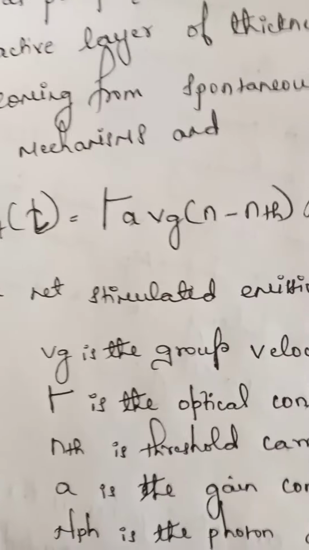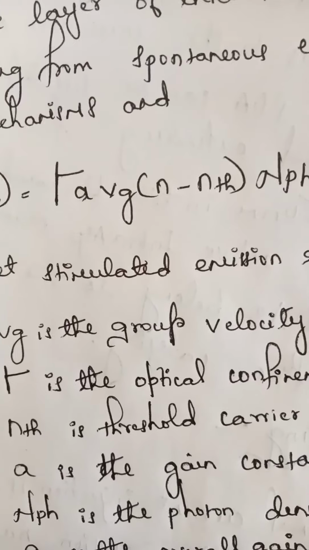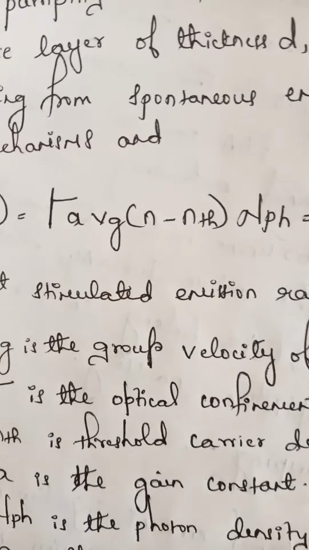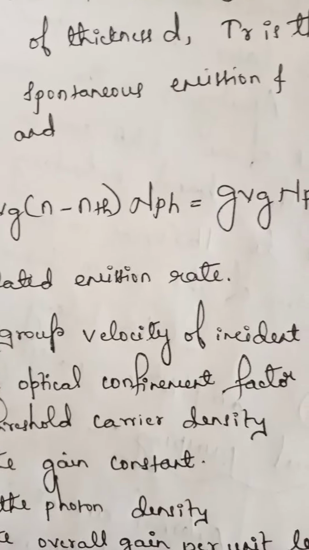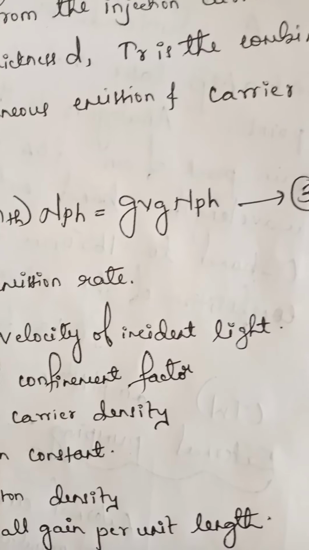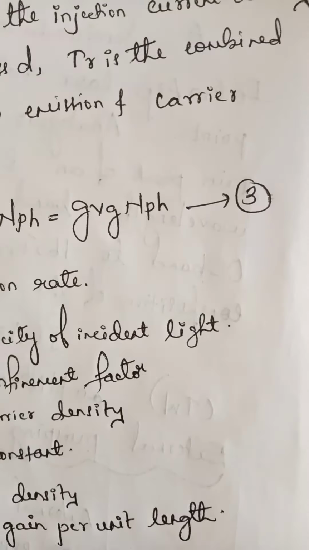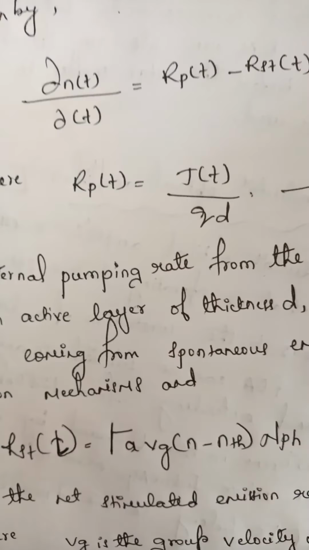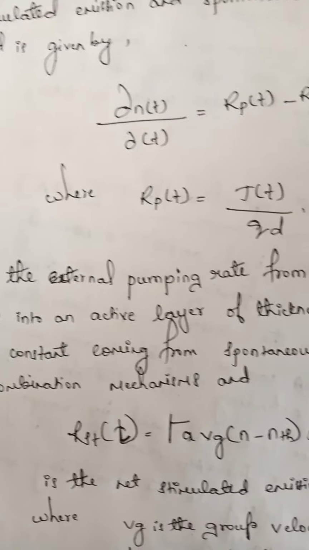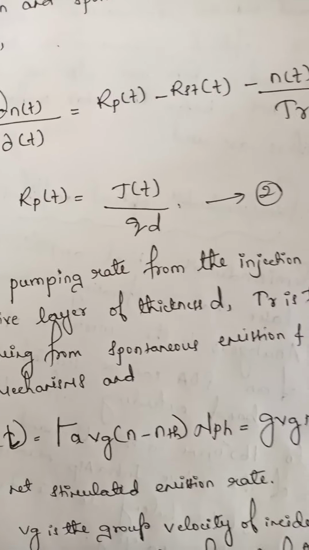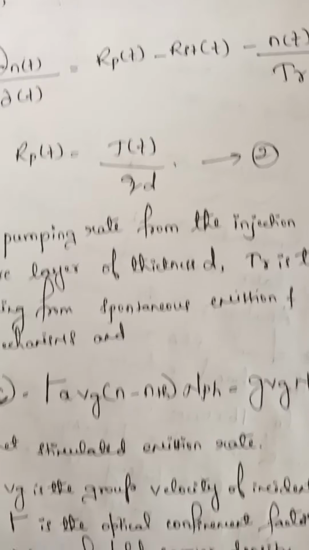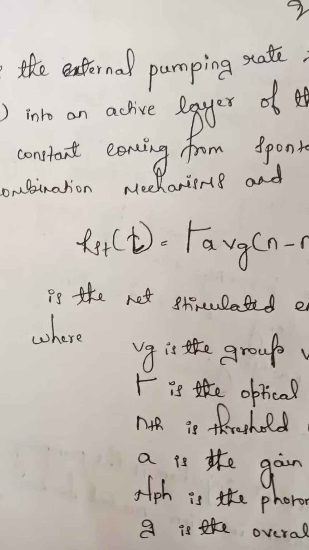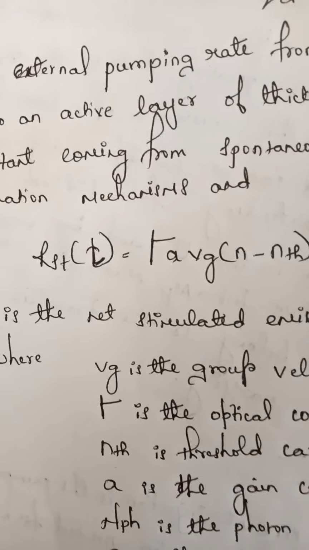Rst(t) is equal to the average optical confinement factor times (N minus Nt) Nph, equal to Gamma Vg Nph. This is taken as equation number 3, while Rp(t), the external pumping rate J(t)/qd, is taken as equation number 2.